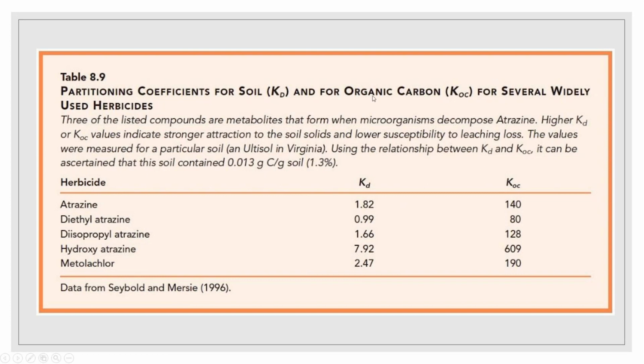For this organic carbon, notice that we have like 609, and that is going to hold on to more of this hydroxyatrazine. So if you were in herbicides, this is where cation exchange capacity might come into play.